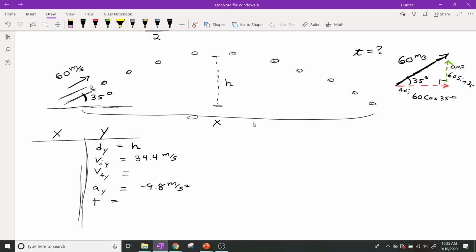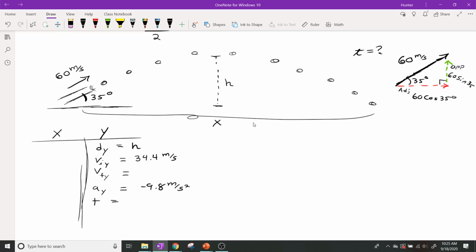Because if it's going 60 meters per second this way to start with, by the time it reaches the bottom side of the arc over here, it's going to be moving 60 meters per second on the other side, because the energy it lost going up was gained going back down. So if you've got 60 meters per second at 35 degrees going this way, once you reach 35 degrees again, your y direction is going to be the same speed yet opposite number.